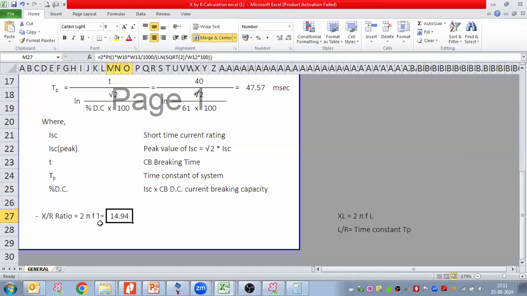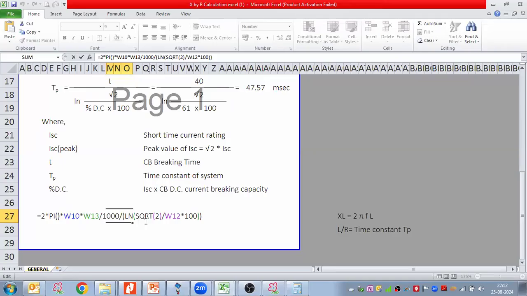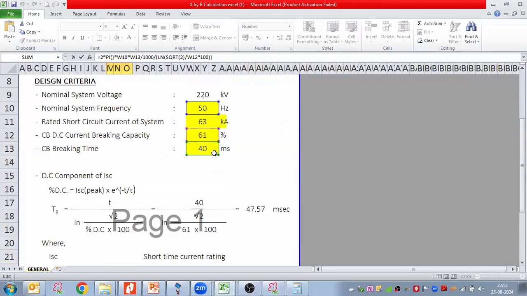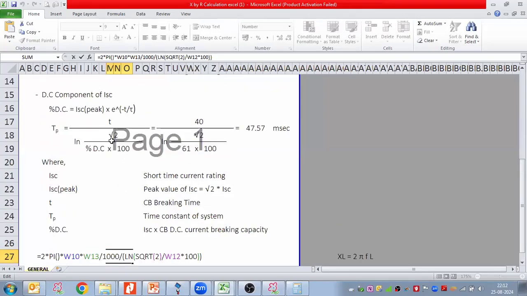So putting 2 into 3.14 into frequency 50 Hz into the time constant that we calculated, 47.57, let us see it here as well. 2 into pi, W10 is 50, 2 pi F, into W13, which is 40 millisecond, into ln square root 2 divided by W12.